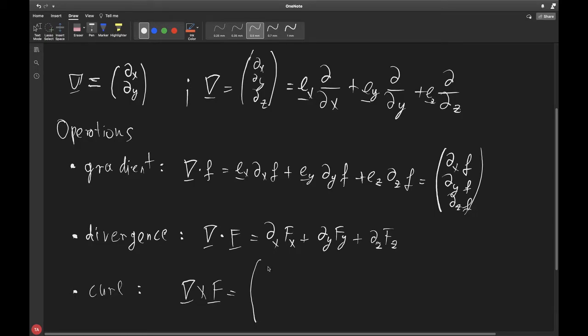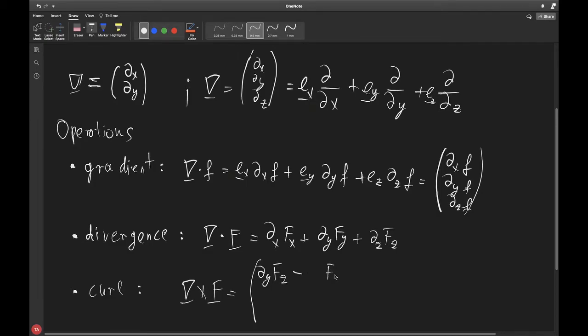The answer is coming from the general fact of how we are calculating cross products. We take the third component of F and derive by the second coordinate, which is y, minus the opposite version.